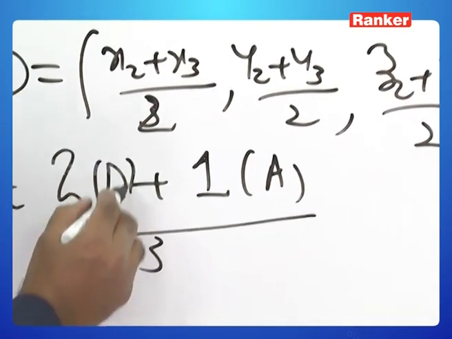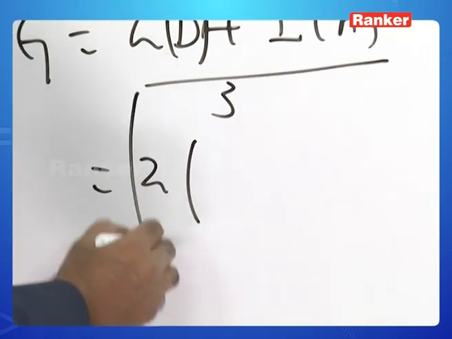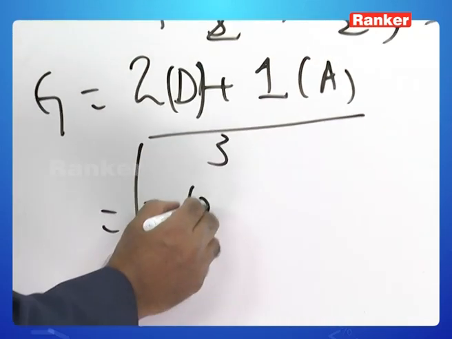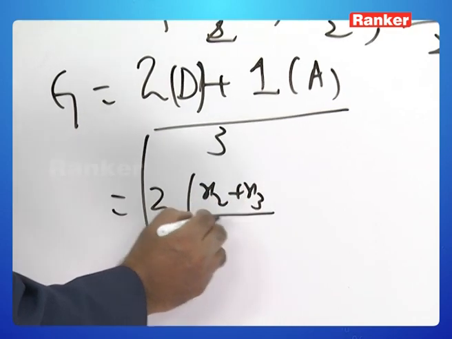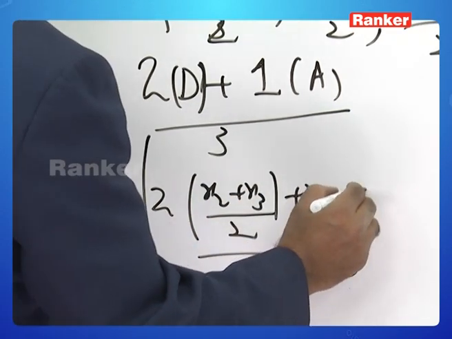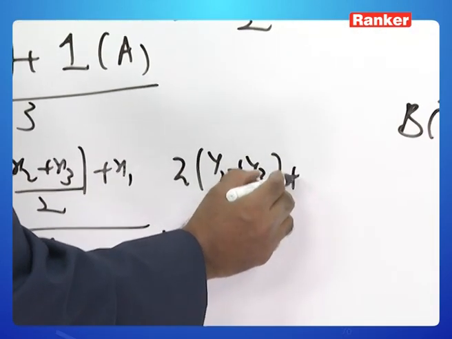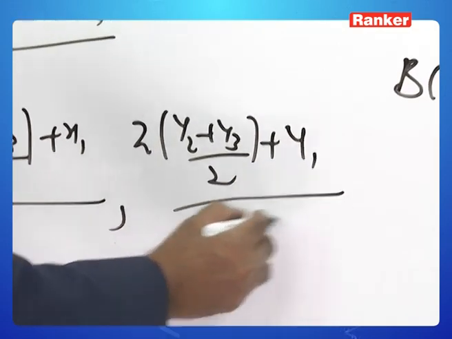So therefore, G is equal to 2 into D plus 1 into A, whole divided by 3. Let us see, this is the x coordinate: 2 into x2 plus x3 by 2 plus x1, by 3. In the same fashion, 2 into y2 plus y3 by 2 plus y1, by 3.